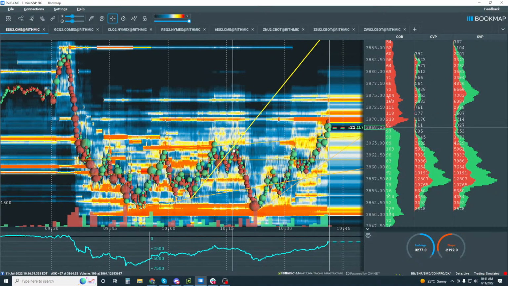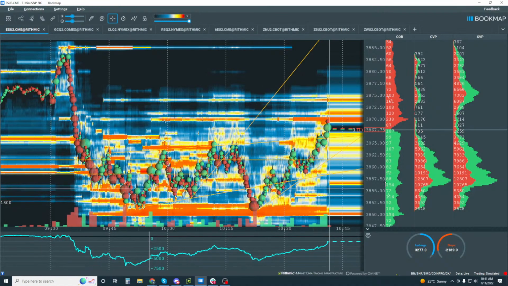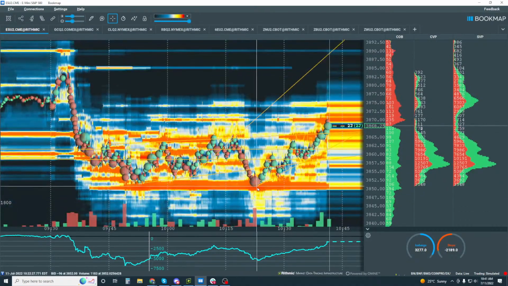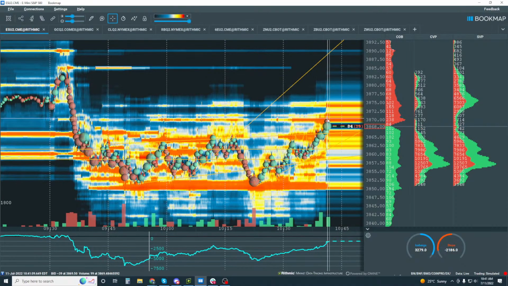In fact, we had them over here, and then we had the sellers come in. I really did think they were going to drop it here into 50 and below, because it was pretty strong selling in here. All right, buyers countered though, and they brought it back up. We got our buyers again in here, and we got our breakout.